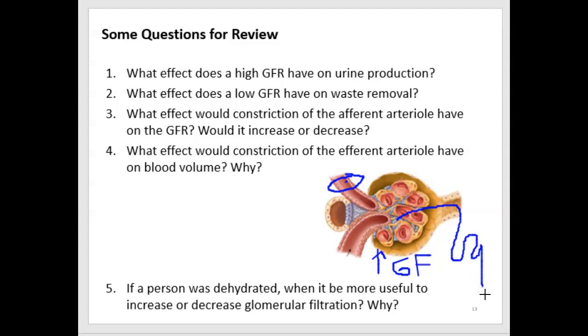The faster the fluid moves, the less reabsorption occurs, more urine, water's lost, blood volume would go down. So essentially, constricting the efferent arteriole is the same as dilating the afferent arteriole. I hope you like puzzles.